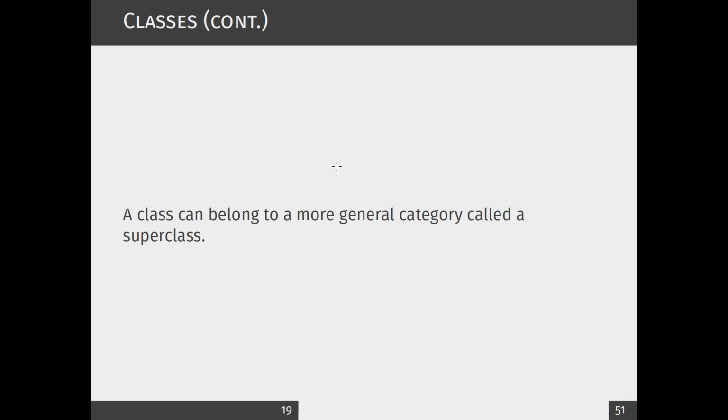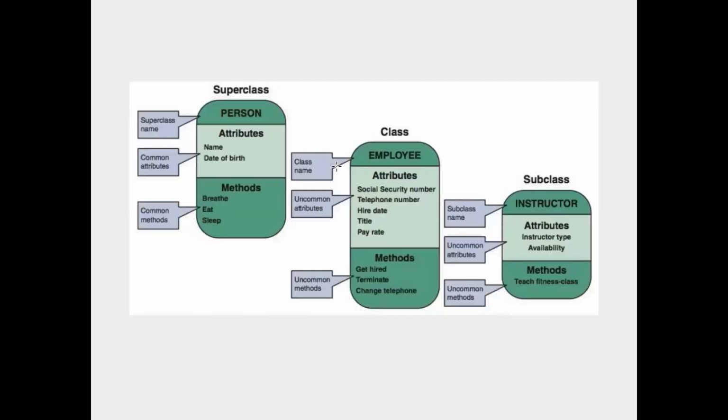So let's see what superclasses are. Let's say we have a class employee and we have social security number, telephone number, hire date, title, pay rate. And then we have get hired, terminate, change telephone. So these are some of the attributes and the methods.